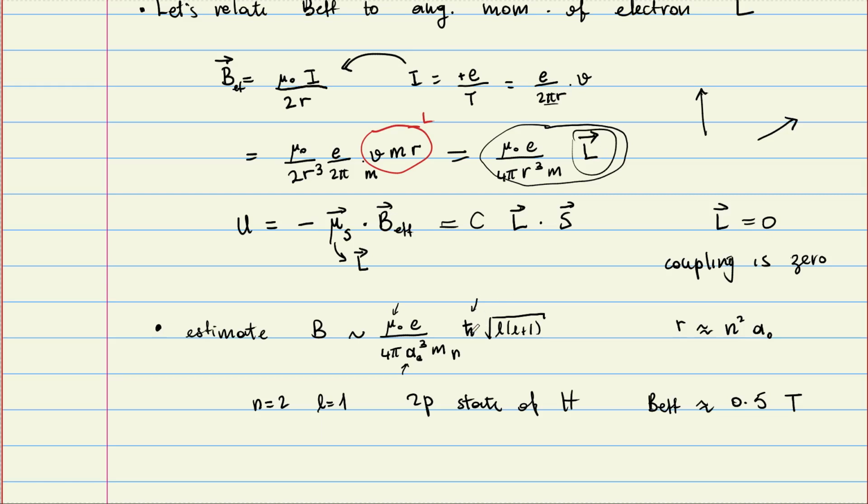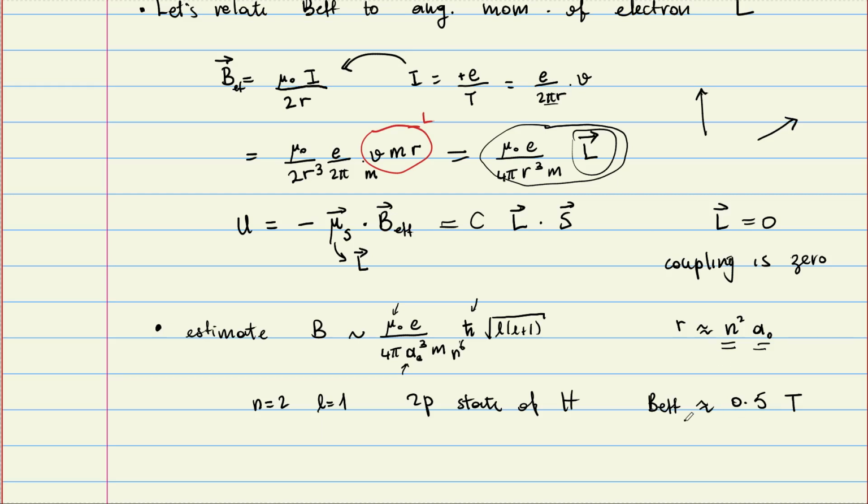The magnitude is h bar square root of L(L+1), and there's also a radius here, and for the radius I substitute the radius of the 2p orbital. n is equal to 2, and a naught is the Bohr radius, which is 0.5 angstrom. So that's a cubed, and there's also some power of n, something like that. There are overall constants. Yes, good.